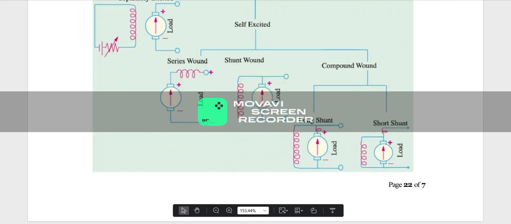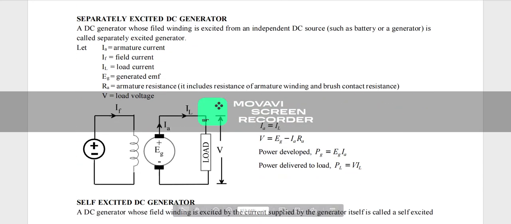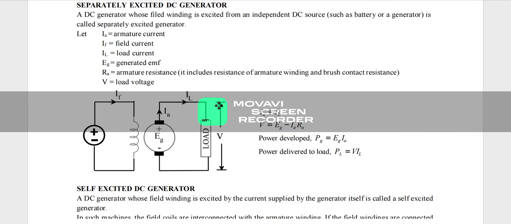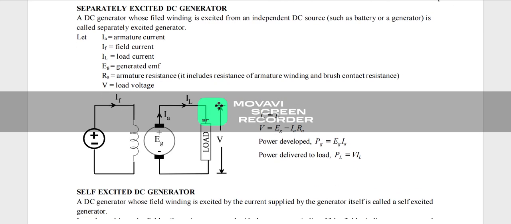You can see here, the first one is the separately excited DC generator. In this diagram, it is very clear that we will be mentioning some of the currents and the load voltage. You can see here IA. What is IA? IA is the armature current developed in the armature, IF is the field current, and IL is the load current.